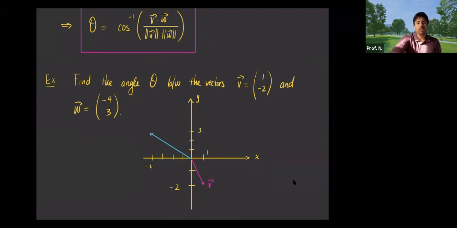Now, I think the interesting question would be, first of all, what angle are we speaking of? As you can tell, there are two angles between the two vectors, right? Between W and V. You can consider this being the angle between them, or you can think about this angle being between them.